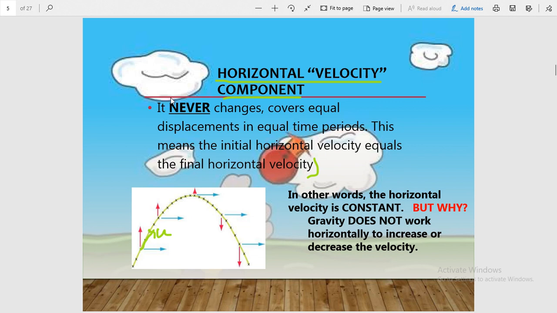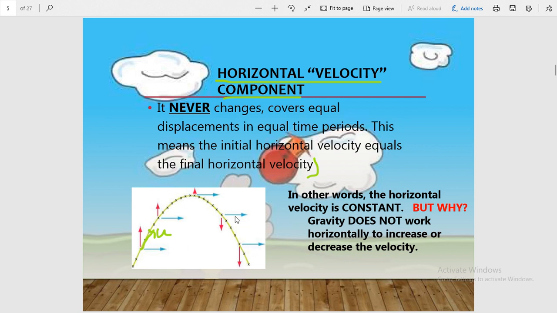This paragraph says that the horizontal component of velocity remains unchanged throughout the motion. It means we are considering the initial horizontal component and then the final horizontal component, and you can take any arbitrary point between the initial and final.